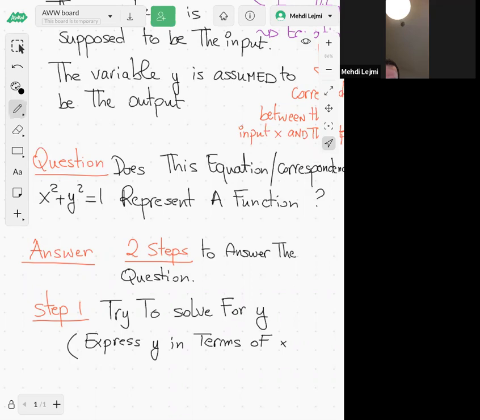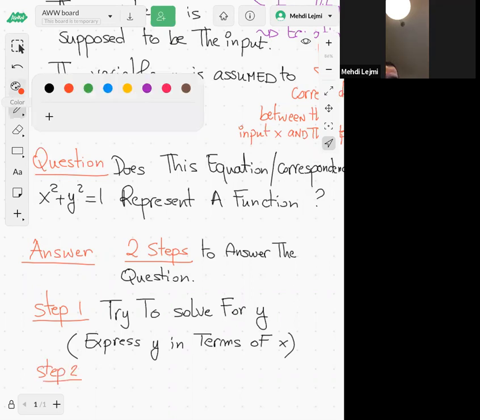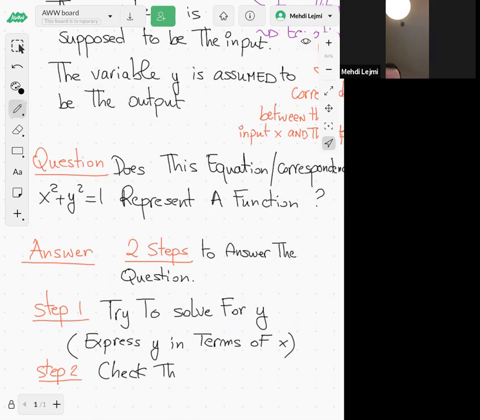And then in step 2, we're gonna check our rule. What was our rule?